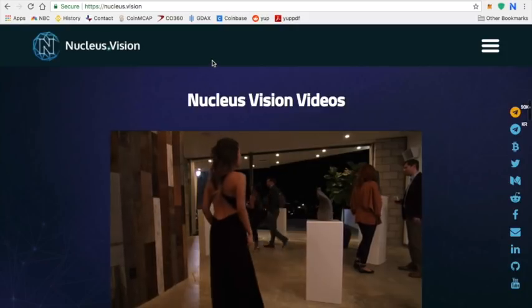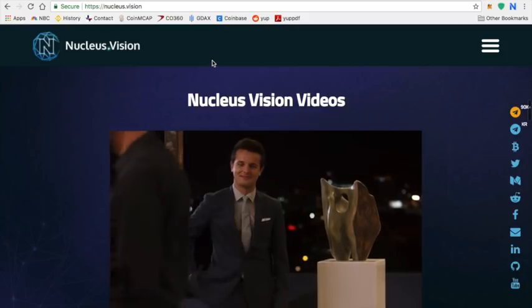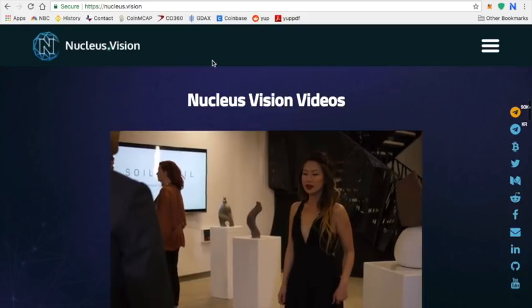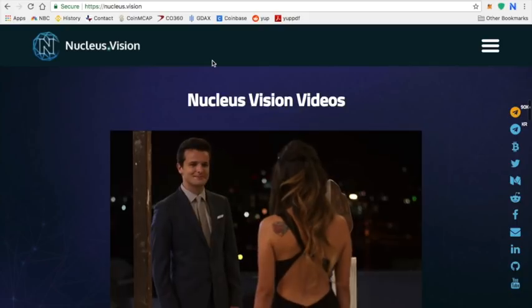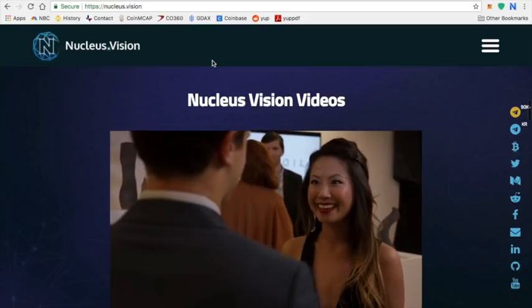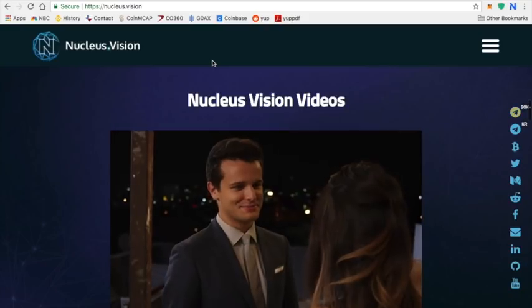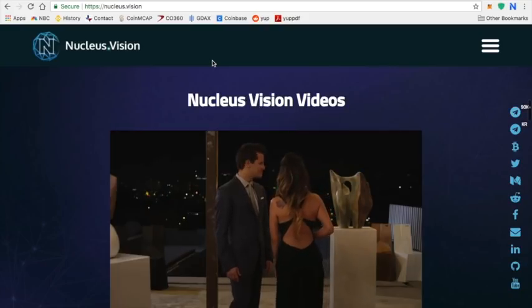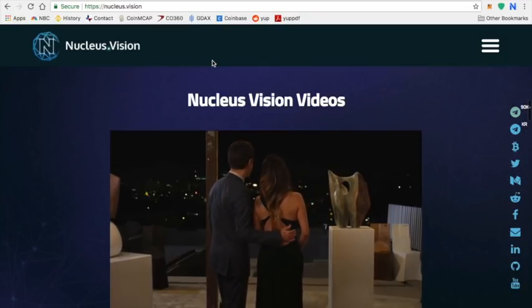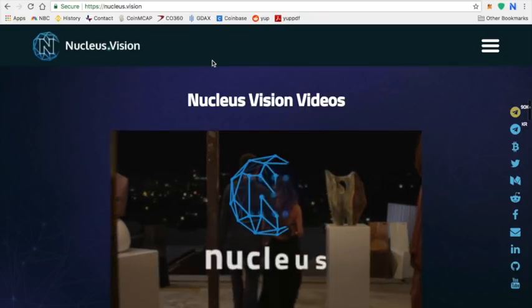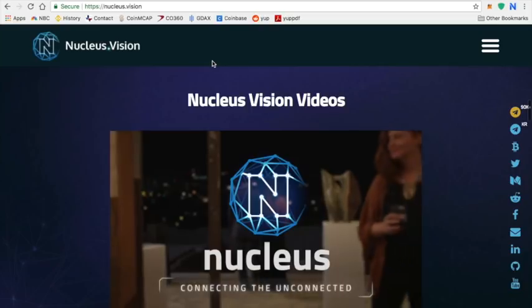What charges you up? In your core. That's your nucleus. It's central. It's atomic. Nucleus. Connecting the unconnected.